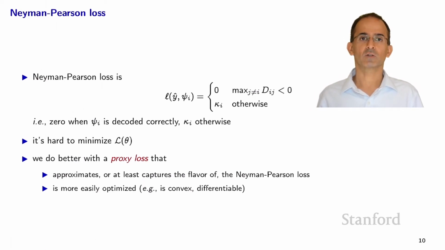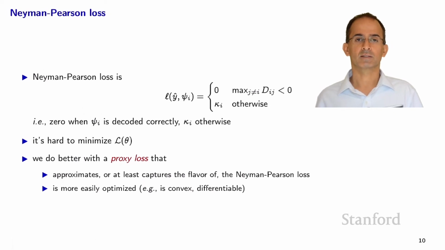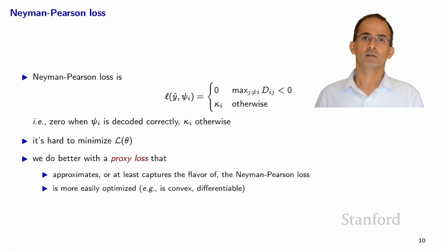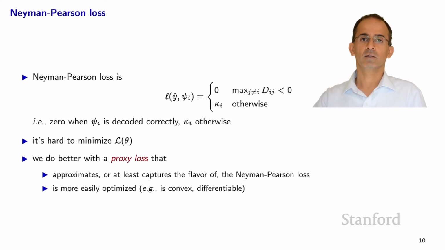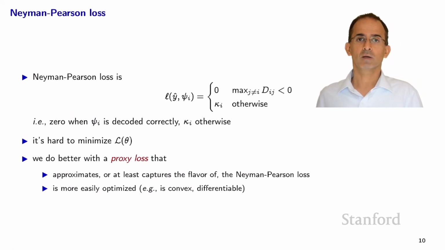Now the downside is, of course, that it's hard to minimize these discontinuous loss functions which have derivative 0 almost everywhere. And so instead we use what's called a proxy loss, a loss that approximates the Neyman Pearson loss but is more easily optimized.